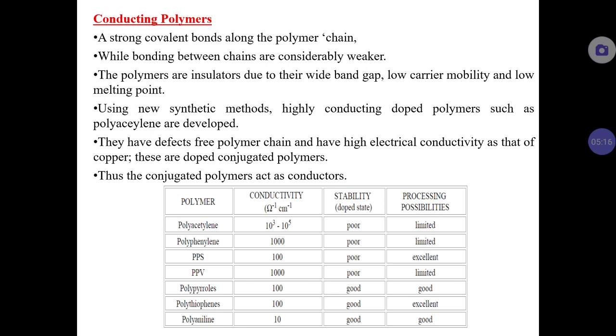The main advantage is that polymers are lightweight and flexible. Weight-wise they are low, and they are more flexible than normal metals, copper or any other metal that possesses very good electrical behavior. That could be the main reason why they go for conducting polymers.